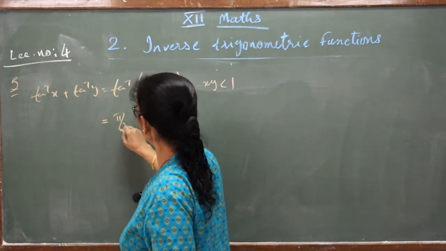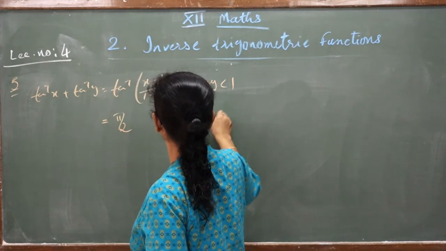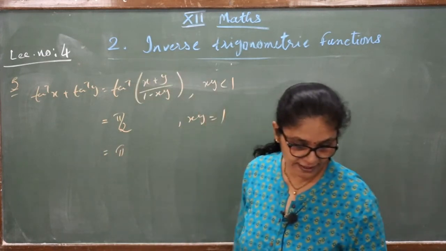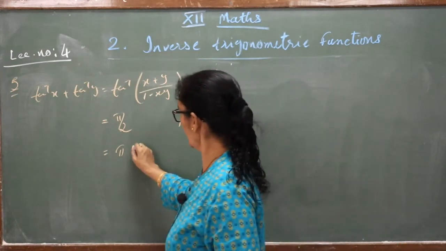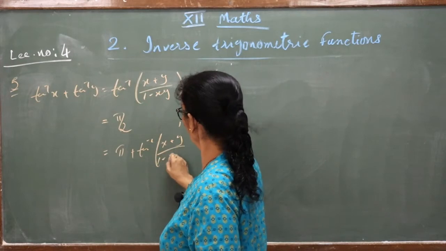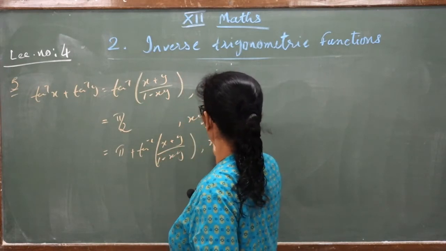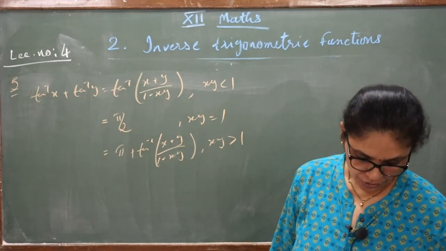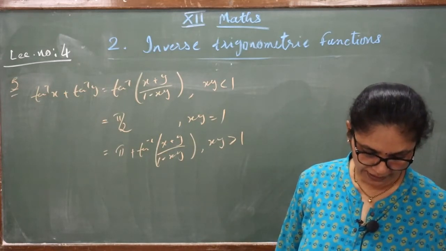It equals pi by 2 if x into y is 1, and it equals pi plus tan inverse of x plus y upon 1 minus xy if xy is more than 1. So you have to remember this.